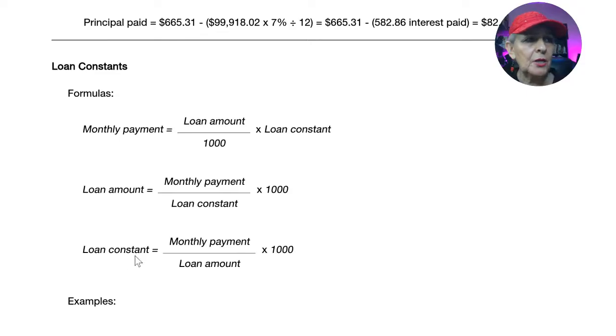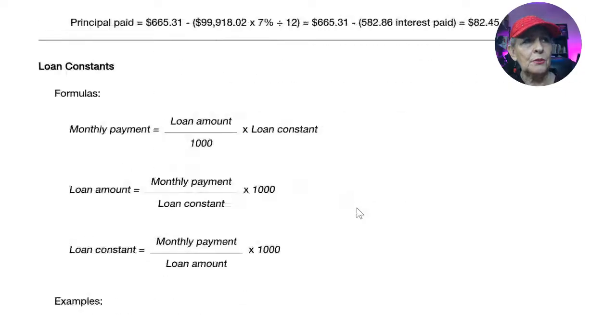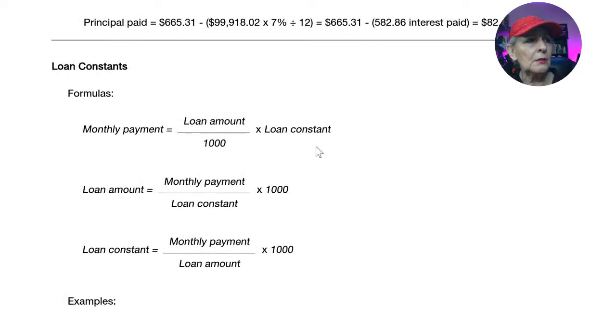Now here, the loan constant, they're solving. So again, they brought the loan constant to the other side, kept the monthly payment divided by the loan amount times 1,000. So examples. The 1,000 number is the constant.